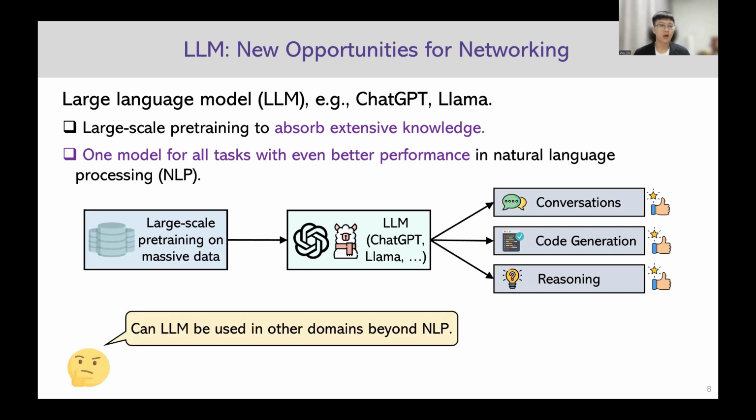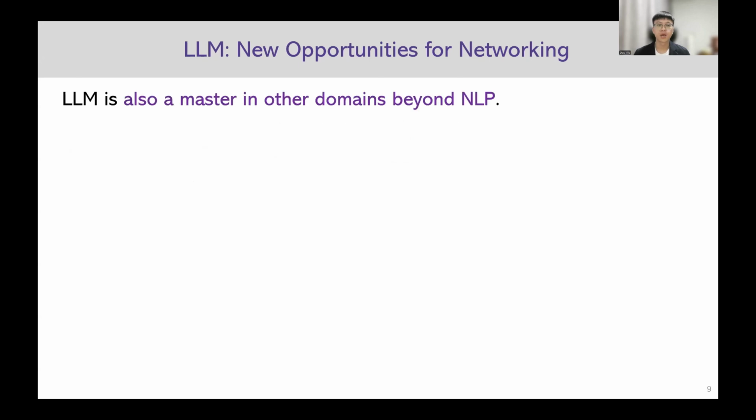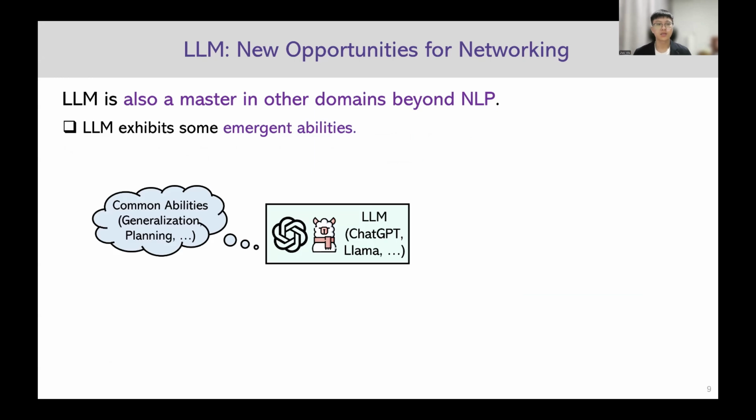So yes, LLM is powerful in NLP, but can we use it in other domains? Of course we can. Researchers have recently shown that LLM is not just a master in NLP, they can be applied in other domains successfully. This is because after large-scale pre-training, the LLM has some emergent abilities, such as planning and generalization to unseen cases.